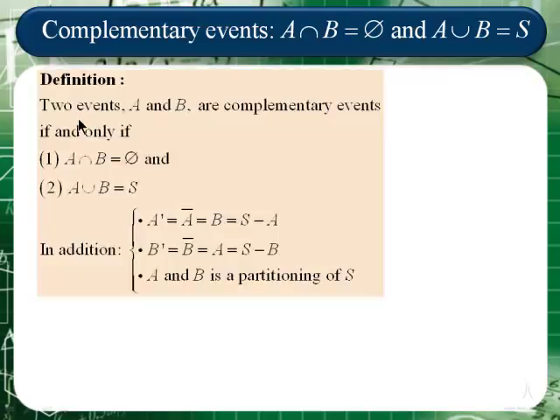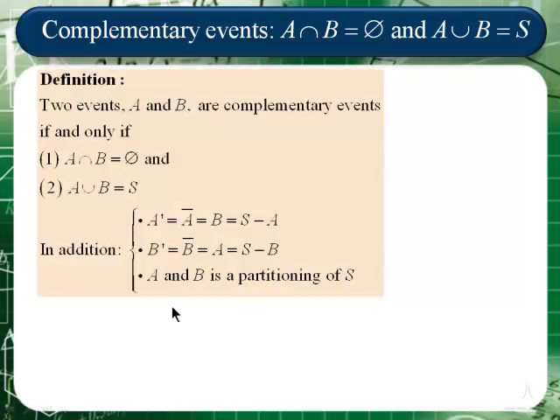In this slide, we discuss complementary events, or events where the intersection between two events is the empty set, while the union of the two events is the sample space. So here we have all this detail.